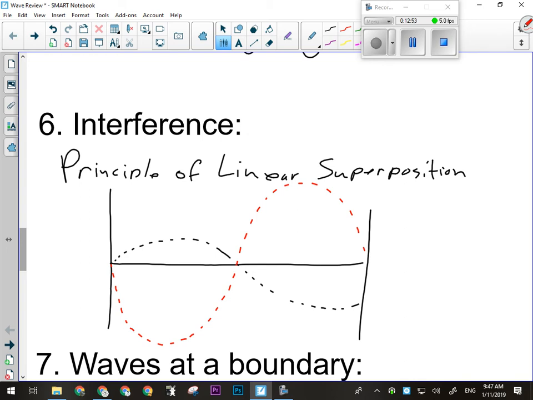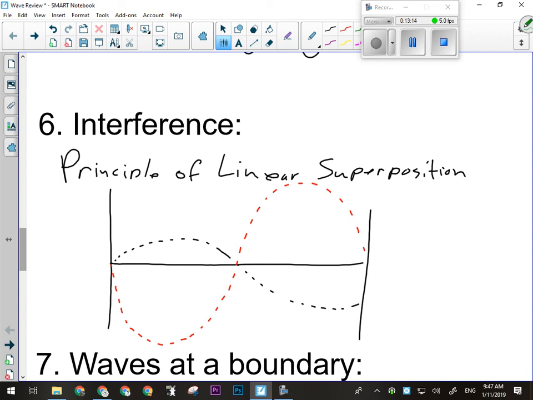What kind of interference is that? Destructive. What would the medium look like as a result of these two waves overlapping? Do they completely cancel? No. How do I figure out what this medium is going to look like?